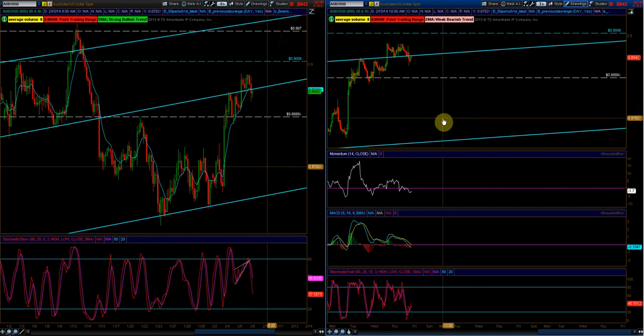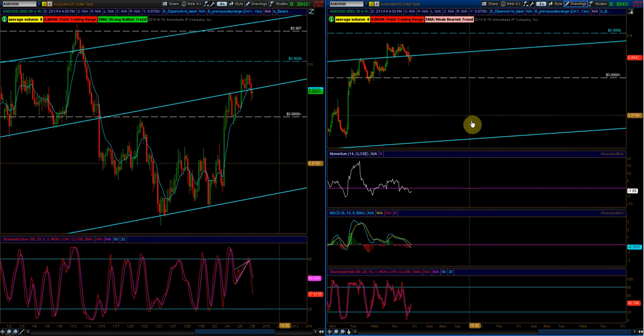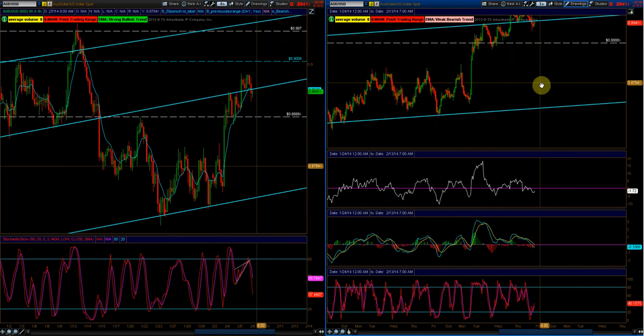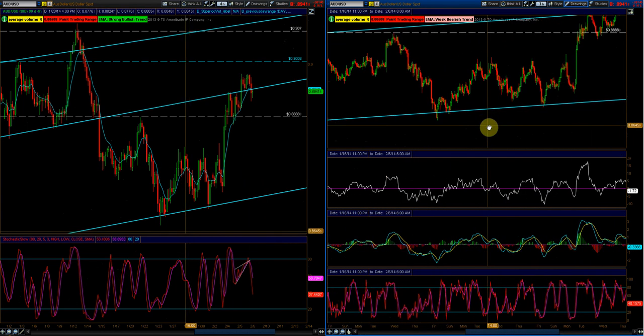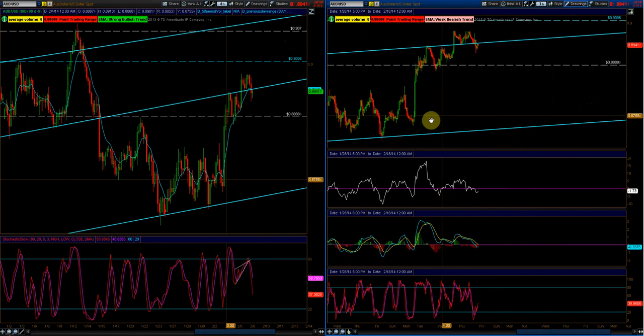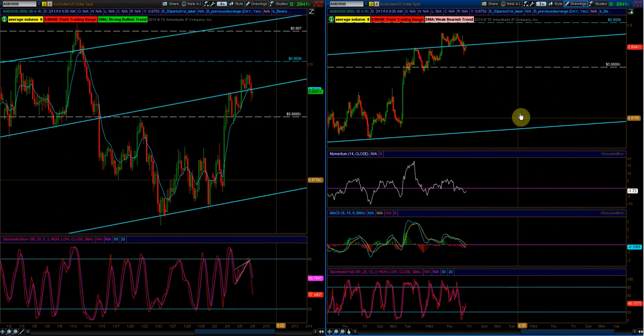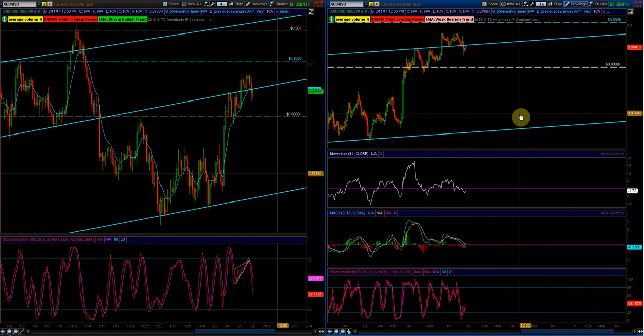I'm looking at an area of around 87.85 as my target. If we were to follow the bottom of this channel or trend line, it's quite possible we'll end up around this area here, given that nothing in the news comes out that proves me wrong.